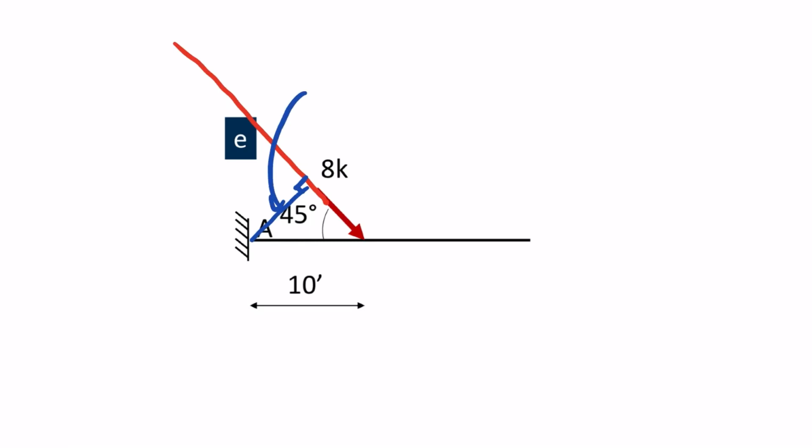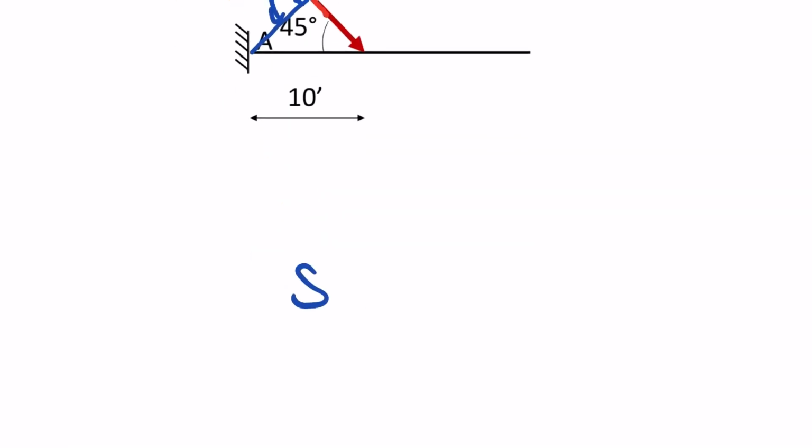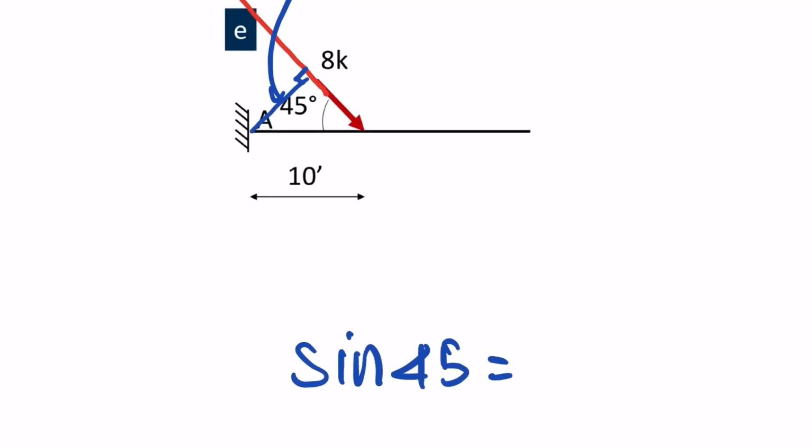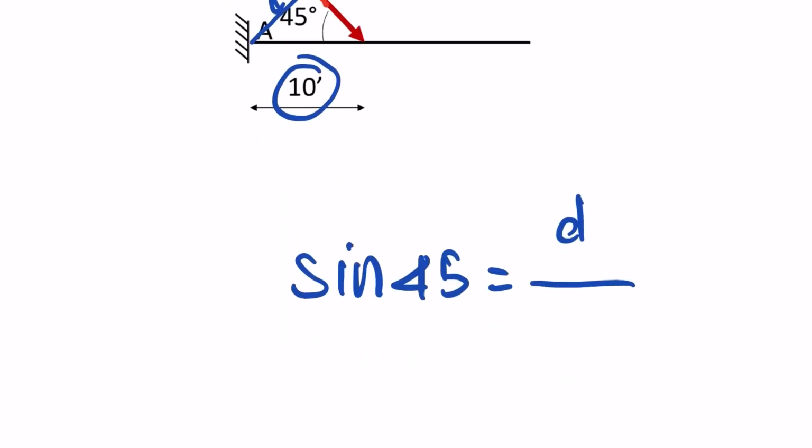This one over here is D. The question is, what is D? Here you can use sine as well. Sine of 45 equals opposite, which is actually D, divided by hypotenuse. The hypotenuse from here to here, we already know that one is 10 feet.